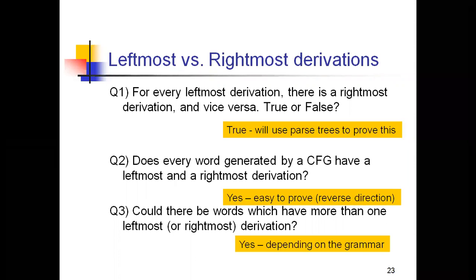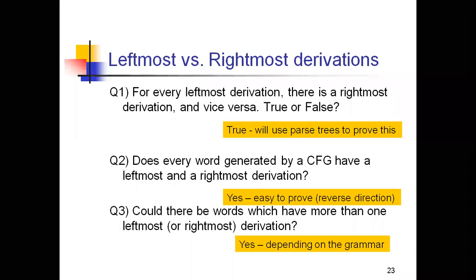So for every context-free grammar, we can generate a leftmost derivation. That means the reverse direction can also be done, it is easy to prove. And could there be words which have more than one leftmost derivation? Yes, it's totally depending upon the given grammar, whether leftmost or rightmost.